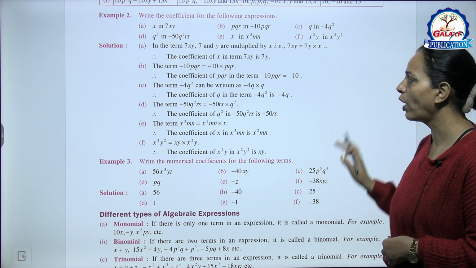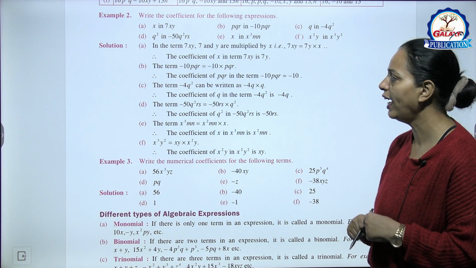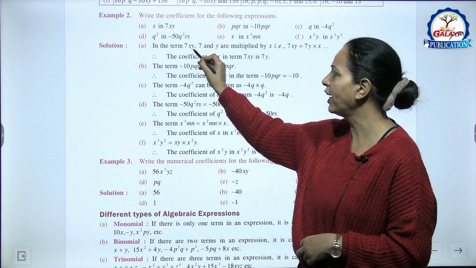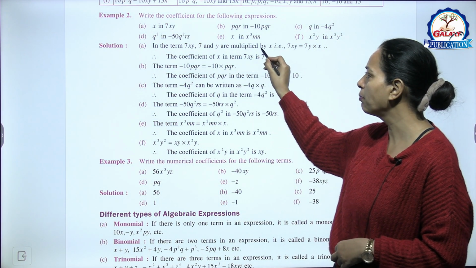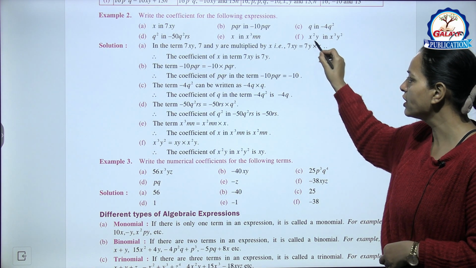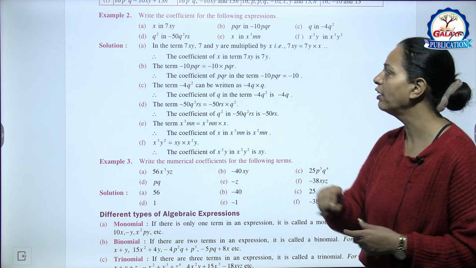Now example 2, write the coefficient for the following expressions. A part, x in 7xy. So here in the term 7xy, 7 and y are multiplied by x, so we leave x, and 7y remains, so coefficient of x is 7y.